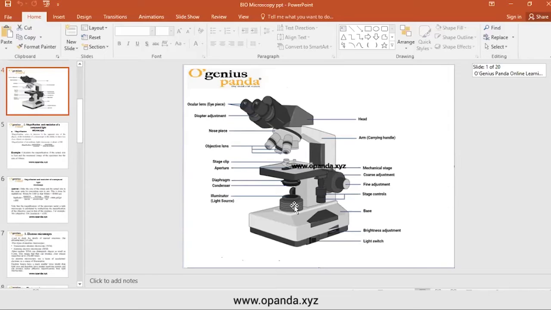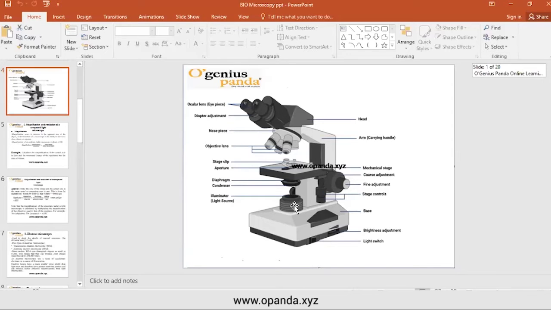There you find the stage controls. Down you see the base, where also your hands go, together with the arm, when you are lifting or carrying a microscope. Then you see the brightness adjustment down there.